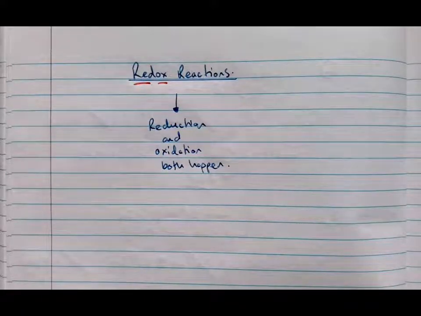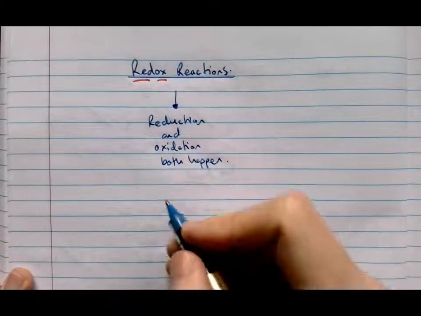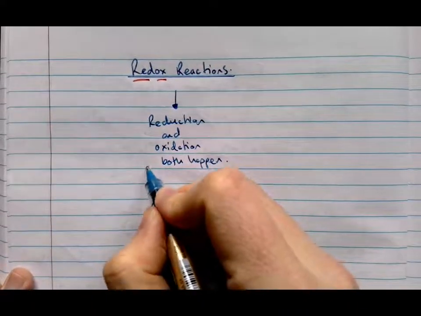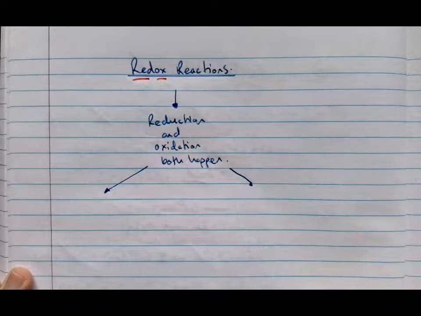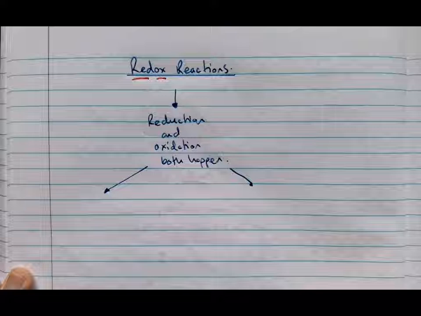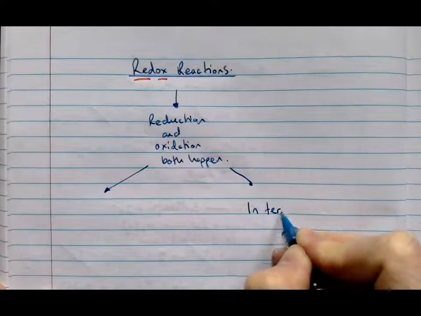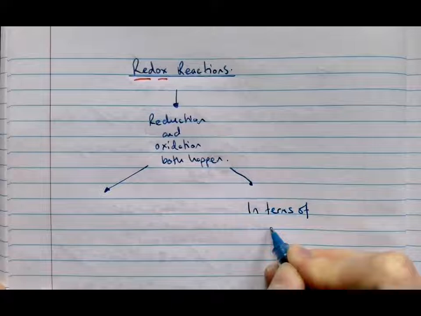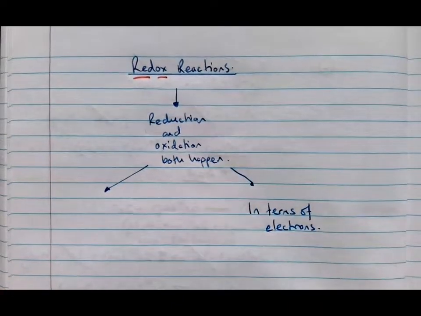Now, last time we talked about reduction and oxidation in terms of electrons. There are in fact 2 different ways to think about reduction and oxidation. Okay, so there are 2 ways we can think about it. And one of those ways is in terms of electrons. And that's exactly what we did last week.